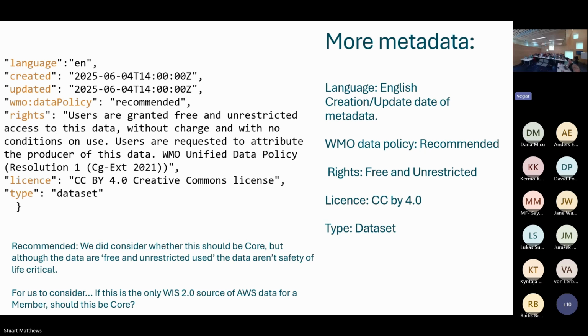What we're trying to avoid is that some of the data is core, maybe the hourly synoptic messages could be regarded as core, but then the 10-minute high resolution data would be recommended. So I've suggested we put recommended here rather than core. Those are the two options we have. But we are saying users can have free and unrestricted access to the data under the WMO data policy, and we have the Creative Commons license there, and we're saying it's a data set.